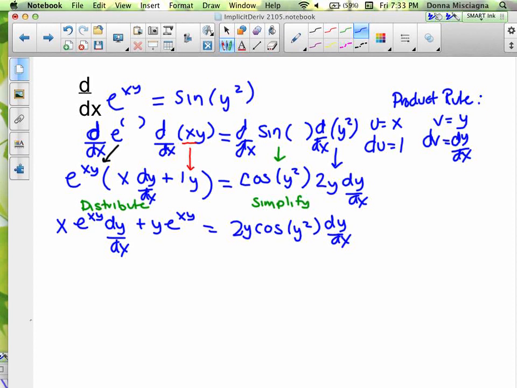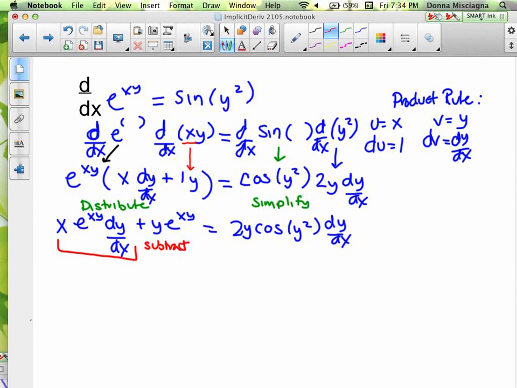So we need to get everything that has dy dx's on one side and everything that doesn't on the other side. Makes sense to subtract this one here, right? And then everything with the dy dx will be on one side. So I'm just going to put a little subtract.